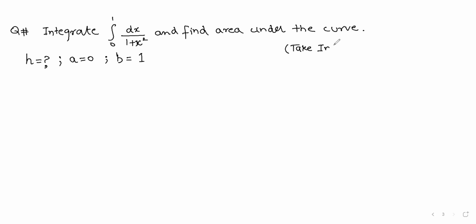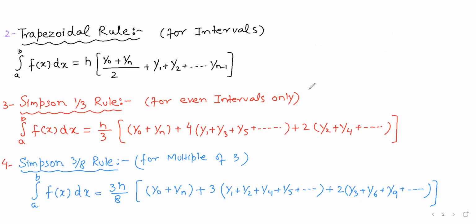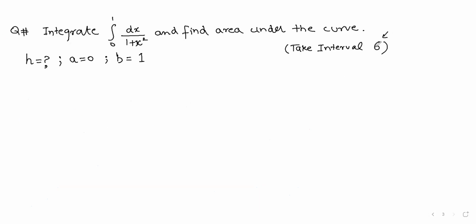If you take the interval 6, it means it is even, it is a multiple of 3 as well. So what we are curious about is only even and multiple of 3. So 6 is the only value. If you take the value of 6, it means you can solve this particular formula by any method.